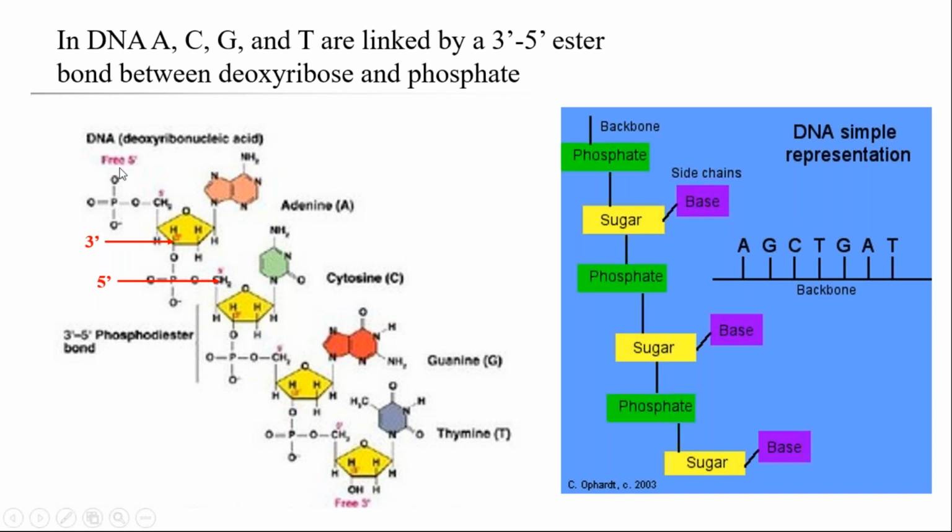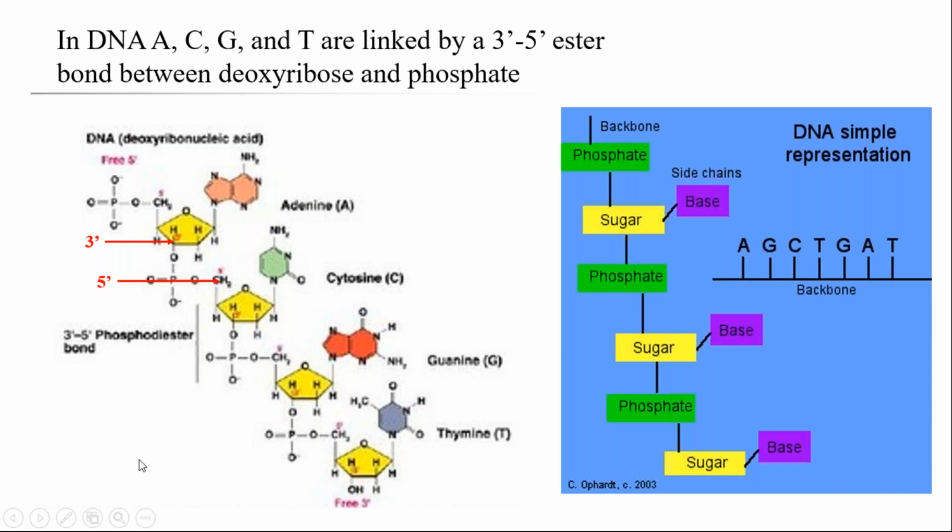So what you have is a 3' 5'. Between these two, you have got a phosphodiester bond. That means if you have a phosphoric acid here and an OH here, a water molecule is removed and you have a 3' 5' phosphodiester bond.